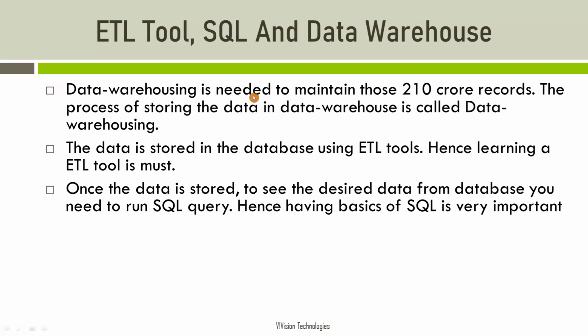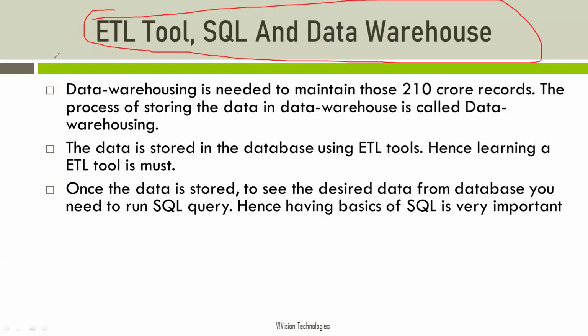But in order to complete this process, whatever the CEO is going to ask us, for this we need an ETL tool, SQL and a data warehouse. In order to answer our questions, like how many top 10 transactions happened in the current month, October or November, on a yearly basis, they are going to take decision makings.